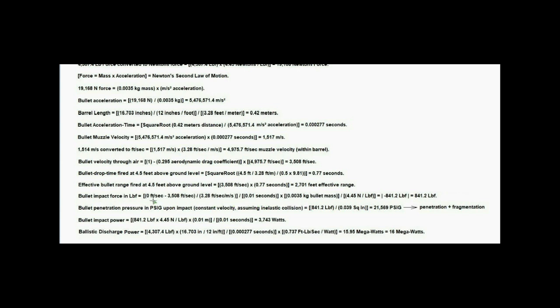This calculation computes the instantaneous deceleration, or negative acceleration, multiplied by the bullet mass and then converted back into pounds force. So the bullet impact force is approximately 841 pounds of bullet penetrating impact force.